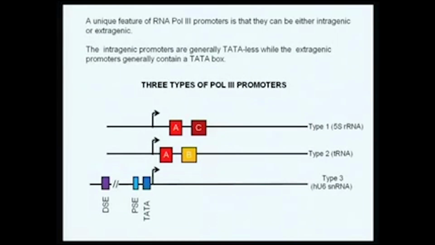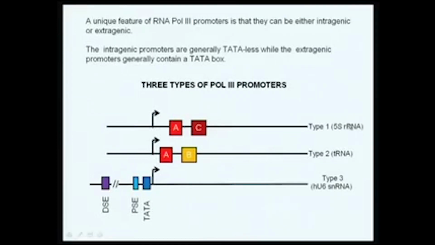The other 3 are synthesized by RNA polymerase I, and to get a functional ribosome you require the coordinated function of all the 3 RNA polymerases, namely Pol I, which makes 28S, 18S and 5.8S rRNA, and Pol III, which makes 5S rRNA, and all the ribosomal proteins are made by messenger RNAs, which are transcribed by RNA polymerase II. So, to get a functional ribosome, all 3 RNA polymerases have to work together.